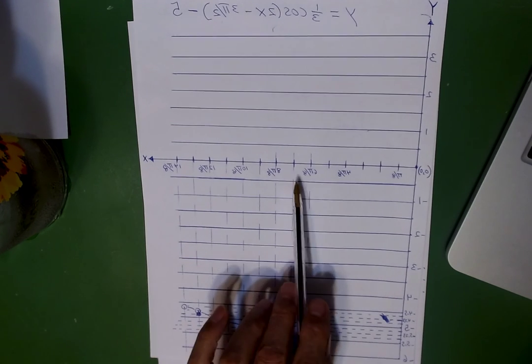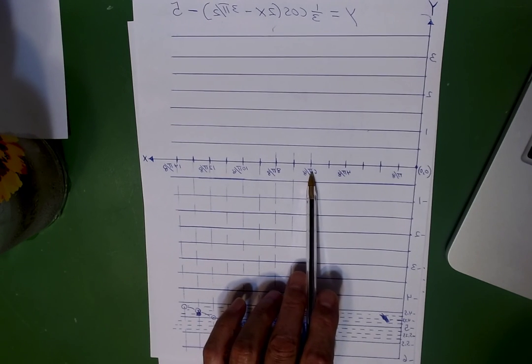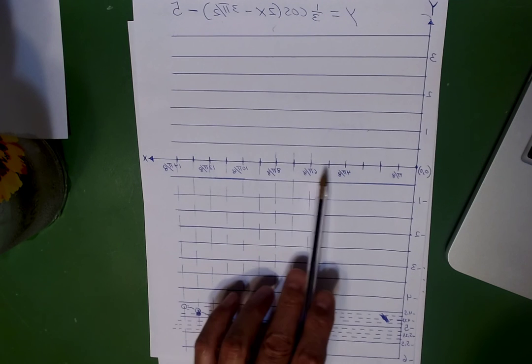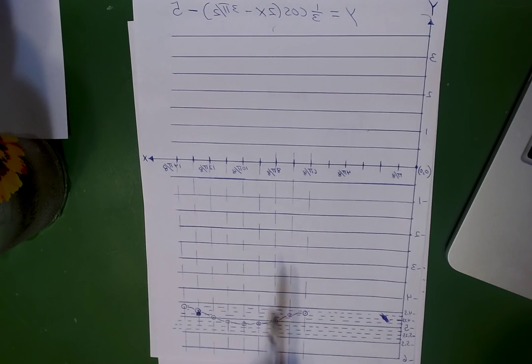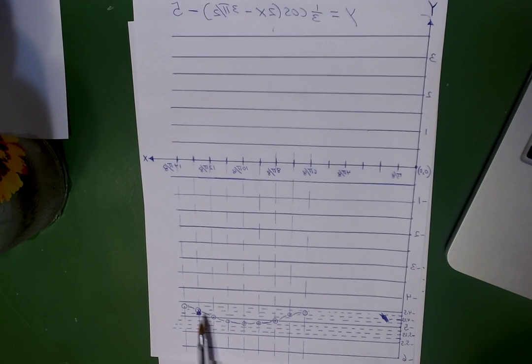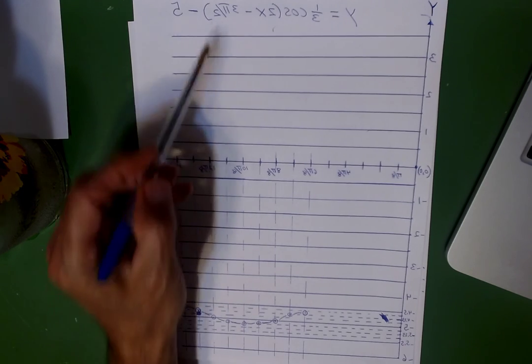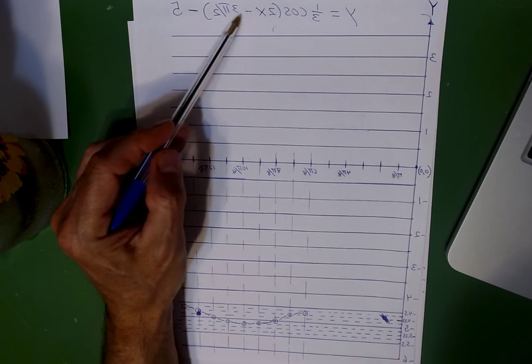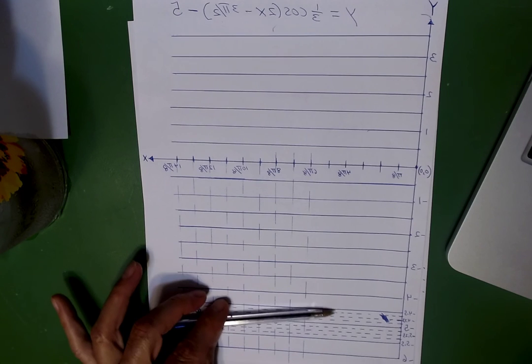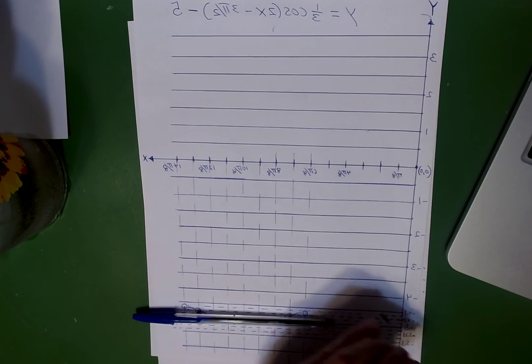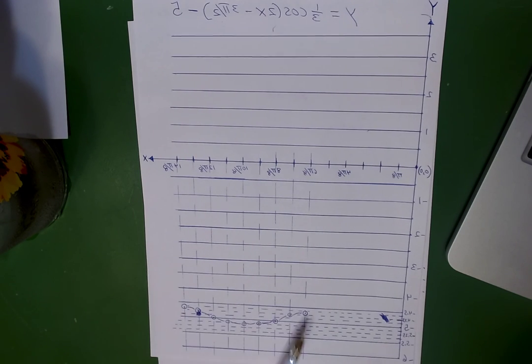X only travels through a difference of pi radians. Its total difference is pi radians, and you've done one complete cycle of this function. And then again, the -3 pi over 2 shifts this thing in time. That's why this doesn't start at the origin, at the 0 point. It starts over here, okay?